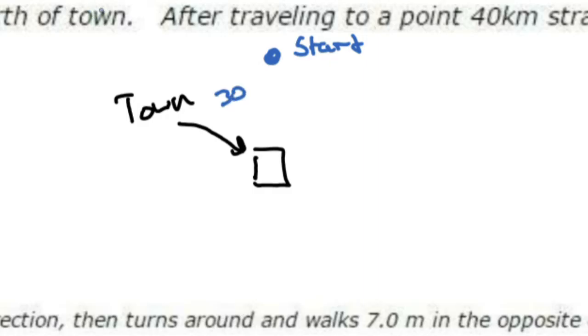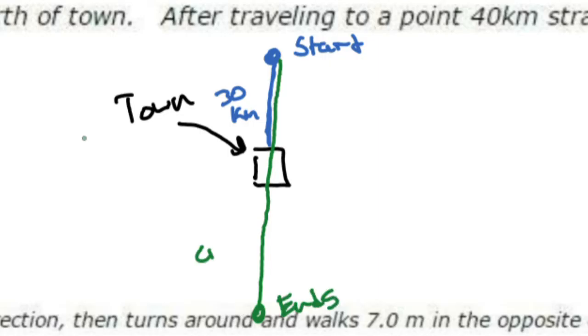And this distance is 30 kilometers from town to where I started. After traveling to a point 40 kilometers straight south of town, so the car goes and ends here, and this is 40 kilometers south of town. What is the total displacement?